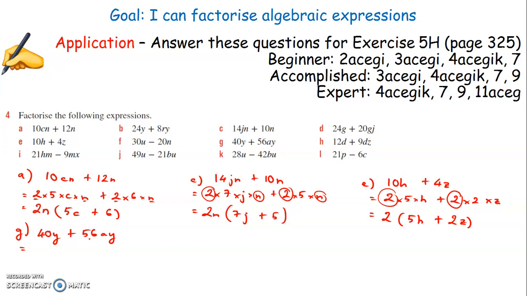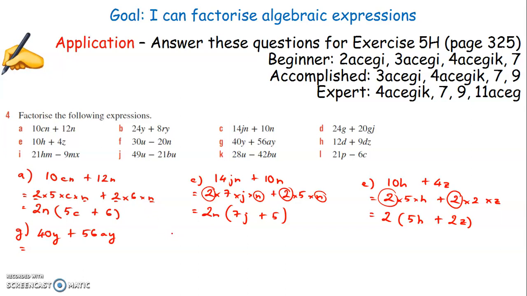Now, because these are both even numbers, I know that 2 can go into both of them, but we need to ask, is there any other number that would also go into 40 and 56.